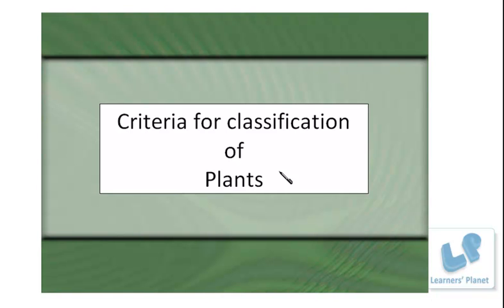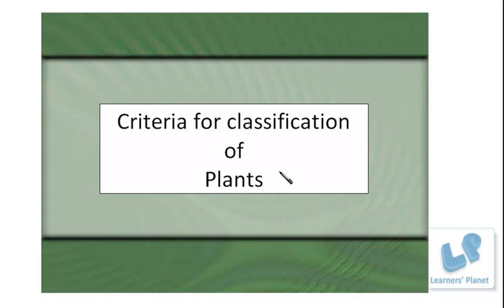I'm not wrong to say that the kingdom is the taxa, or a rank, or a category in which the maximum number of organisms are present and they have more similarities, but the basic design is common. So what is the basic design for these plants?